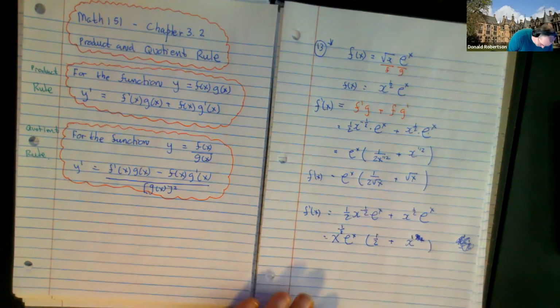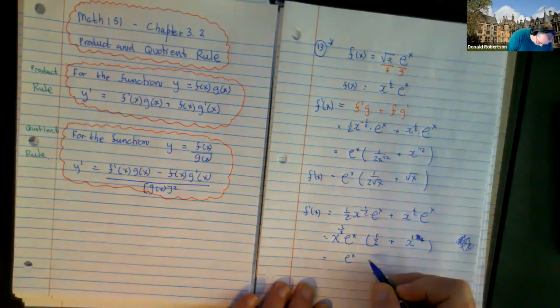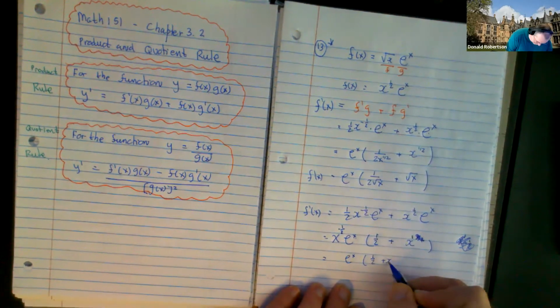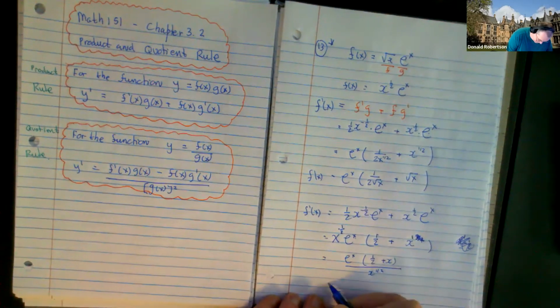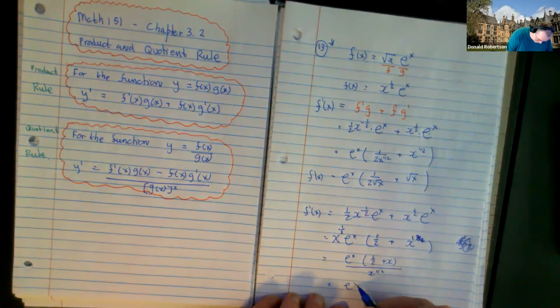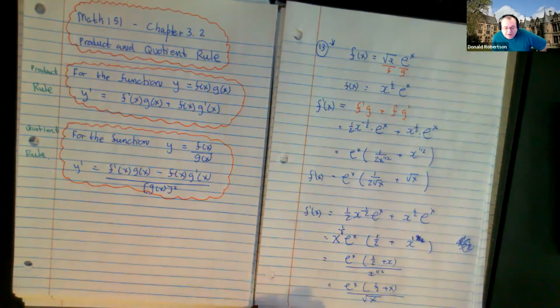So this guy is e to the x. This guy is a half plus x. And this guy can now go in the bottom. And you are pretty much finished. And that is the first derivative.